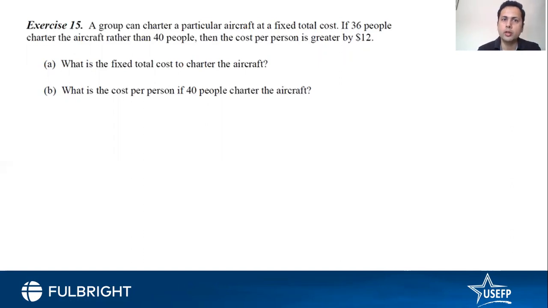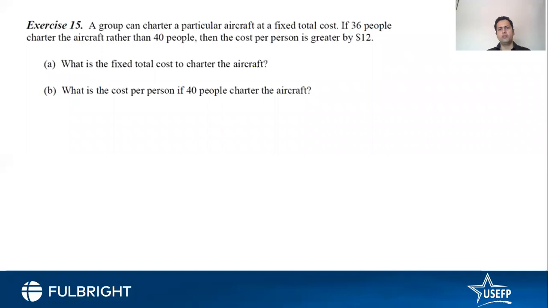A group can charter a particular aircraft at a fixed cost. If 36 people charter the aircraft rather than 40 people, then the cost per person is greater by $12. What is the fixed cost to charter the aircraft? What is the cost per person if 40 people charter the aircraft?